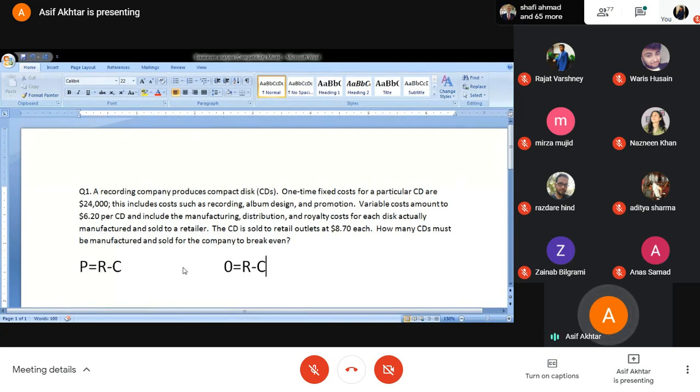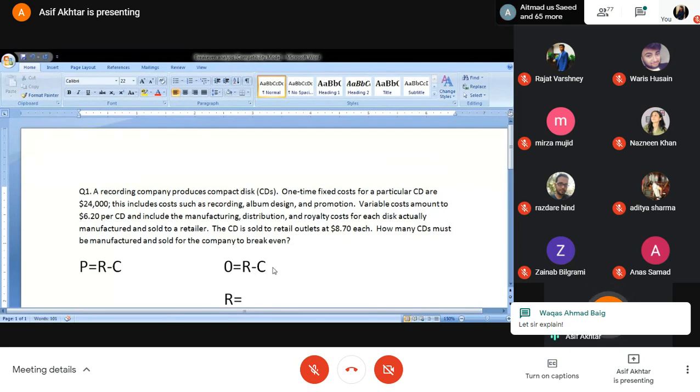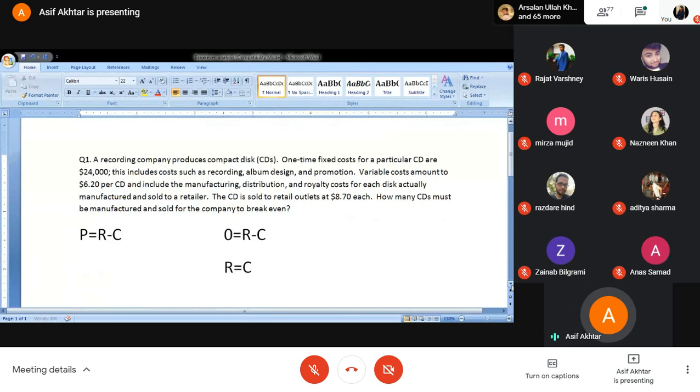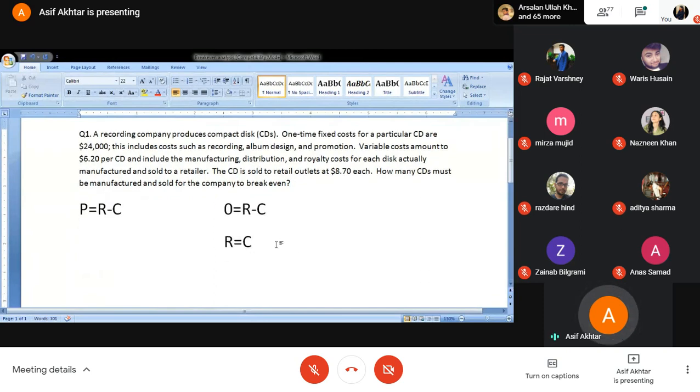Now, if R minus C equal to 0, that is, profit equal to 0, I will take C to the other side. Ultimately, this will lead to R equal to C. That is, the point of discussion is revenue equal to cost.